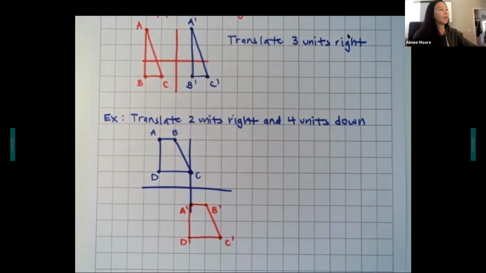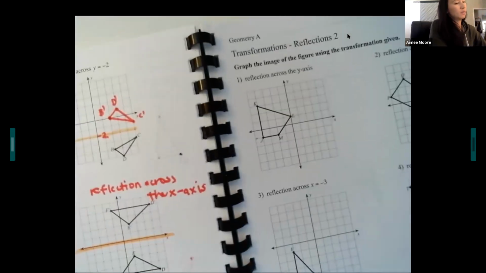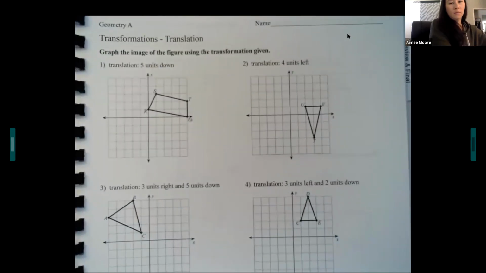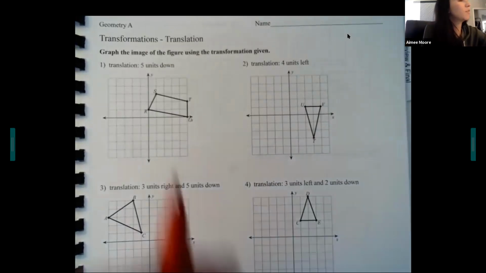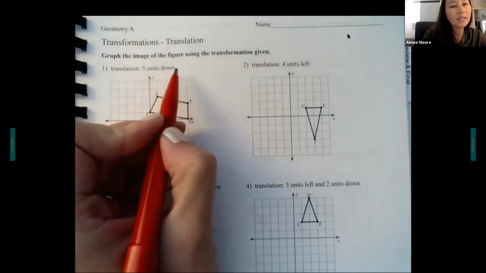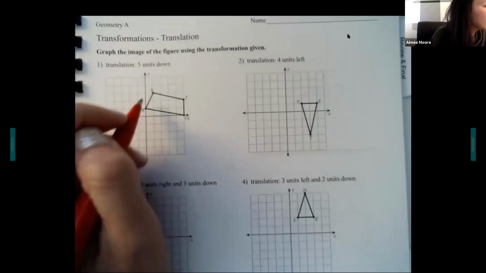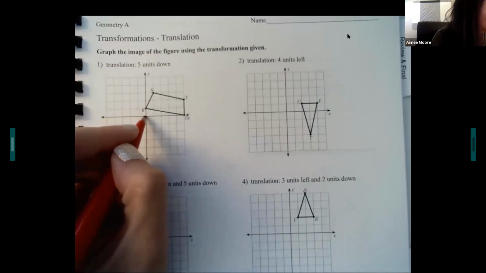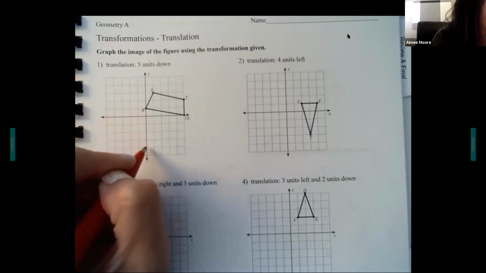Okay, let's go ahead and look at the translation assignment. So again, we're just going to move each point, however many it tells us. So 5 units down. So each point is going to get slid down 5 units. 1, 2, 3, 4, 5.